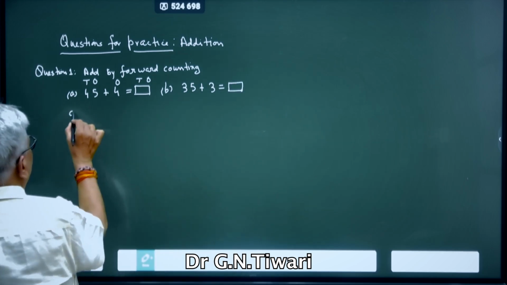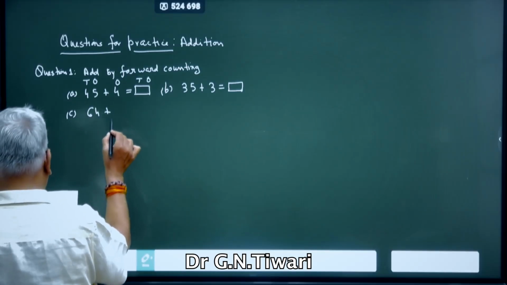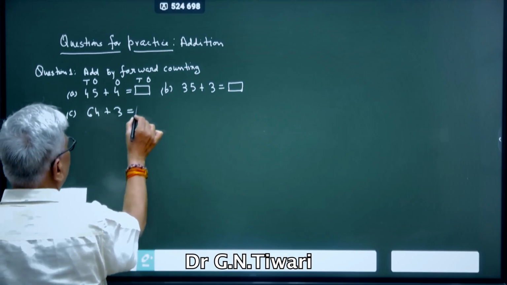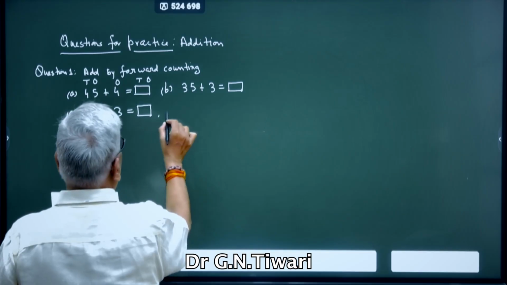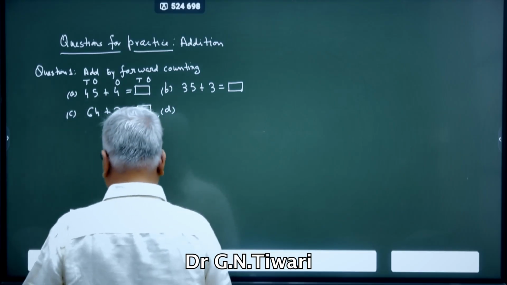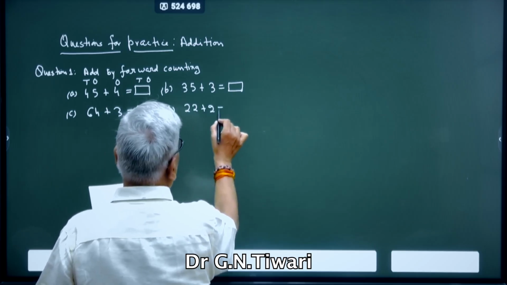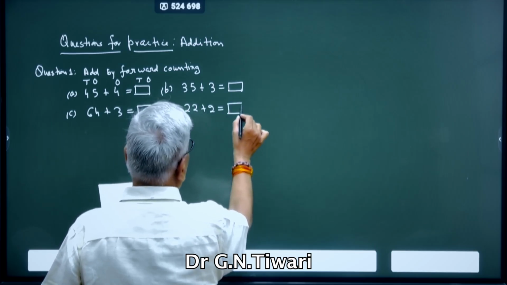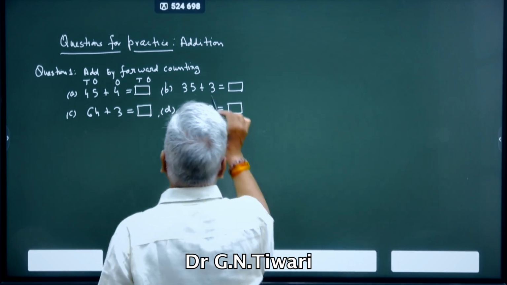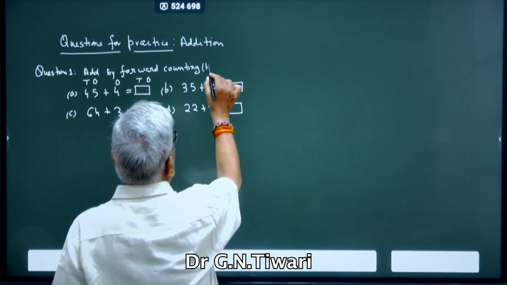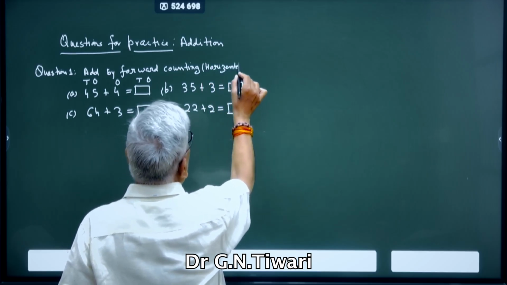C. 64 plus 3. D. 22 plus 2. This is just forward counting. This is known as the horizontal method.